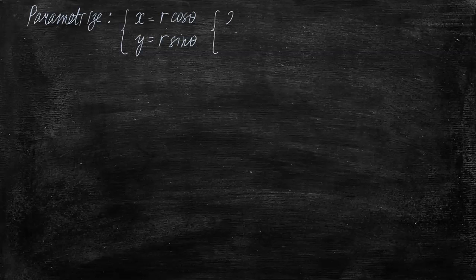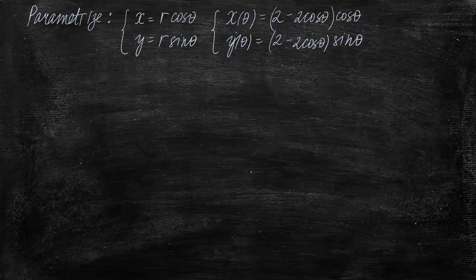So instead of r, we're going to plug in 2 minus 2 cosine theta times cosine theta, and instead of r here, we're going to do the same. If it makes it easier for you, you can replace theta with t, but we're just going to keep it as theta here.